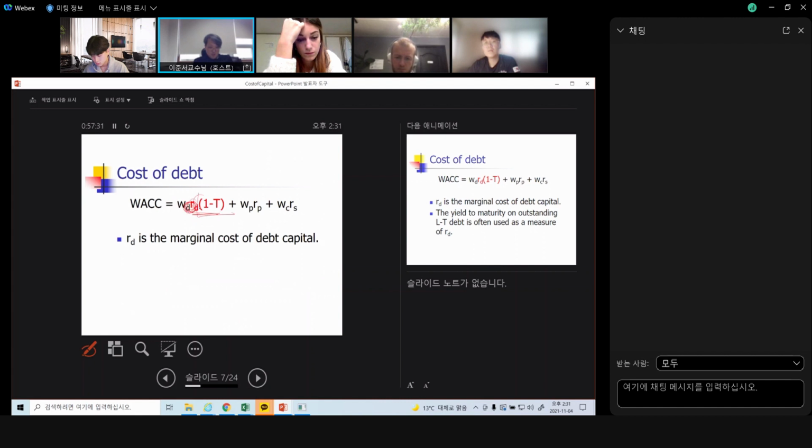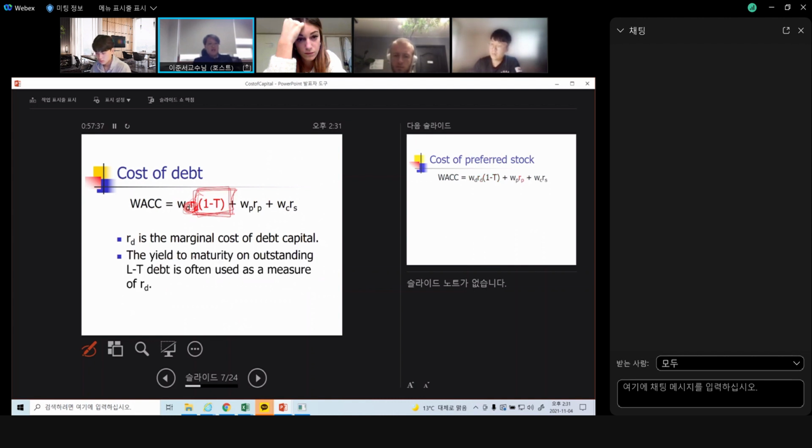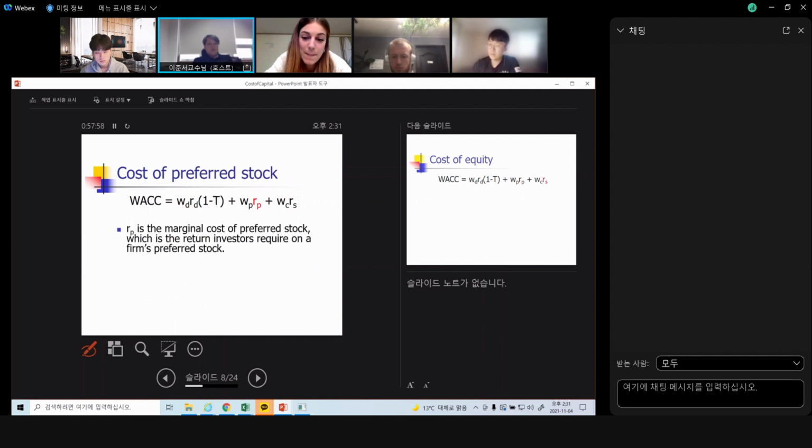When we calculate the cost of debt, we need to think about the tax effect as well, right? RD is the marginal cost of debt capital. You are familiar with yield to maturity, right? The yield to maturity on outstanding long-term debt is often used as a measure of RD.